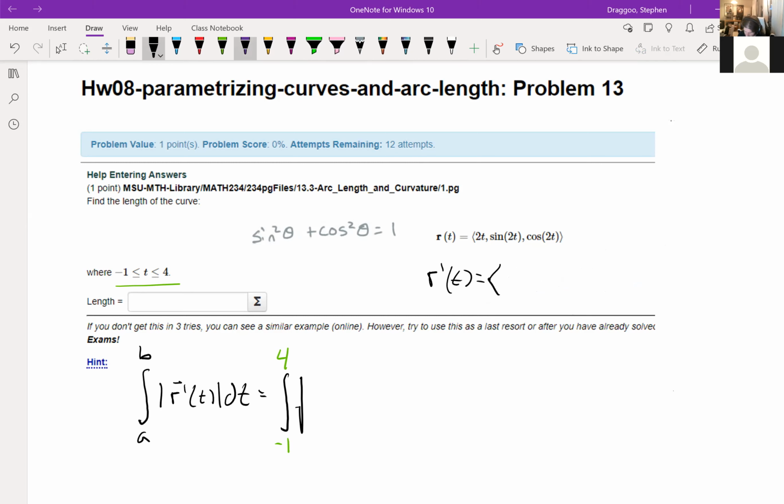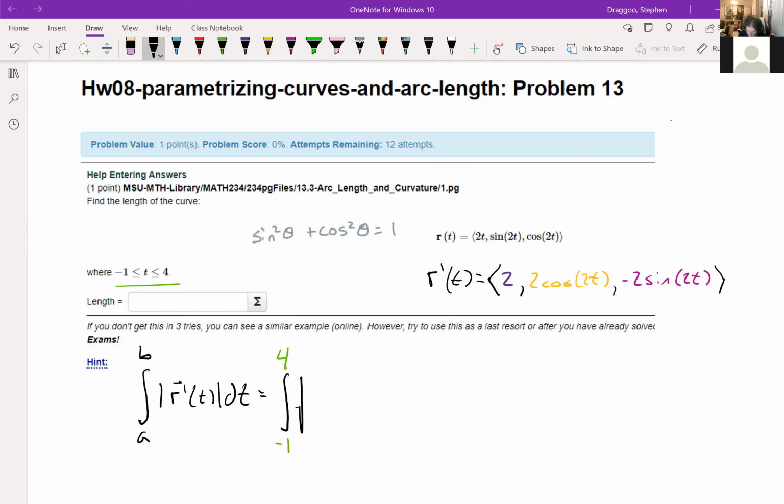And what do we get? 2 is the x component. This looks like 2 cosine of 2t for the y component, and -2 sine of 2t for the z component. So keep in mind, derivative of sine is positive cosine, but the derivative of cosine is negative sine.